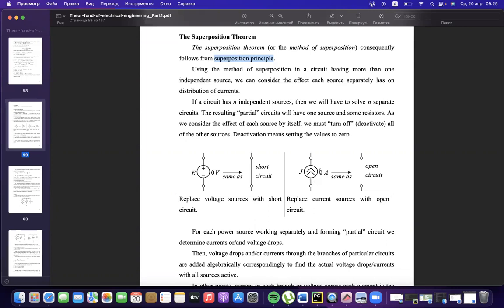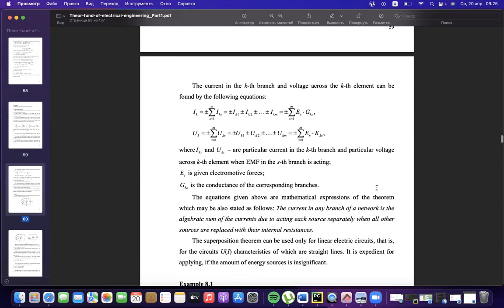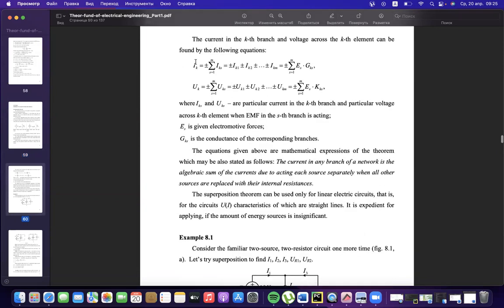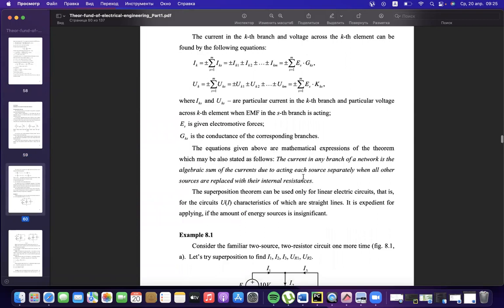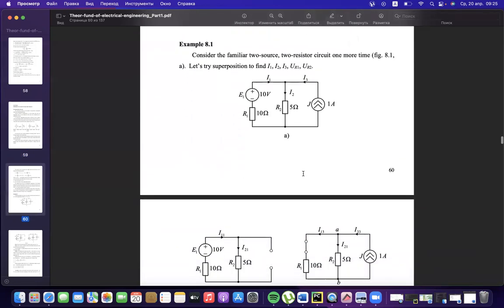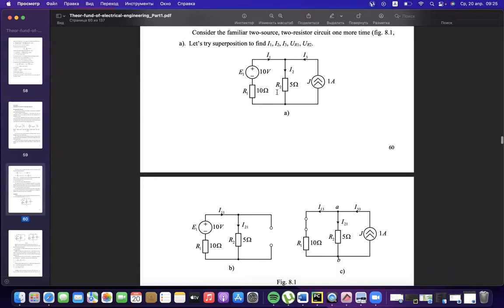And if we are substituting the current source, we substitute it as an open circle, the infinitely high value of resistivity. Then we just add all currents and all voltages in partial cases, in partial circles. Let's see how it works.